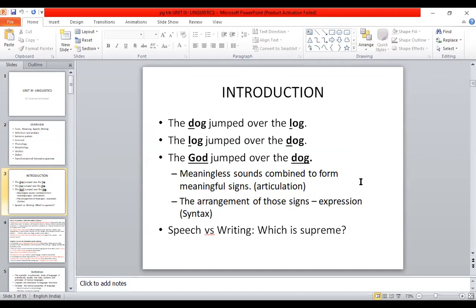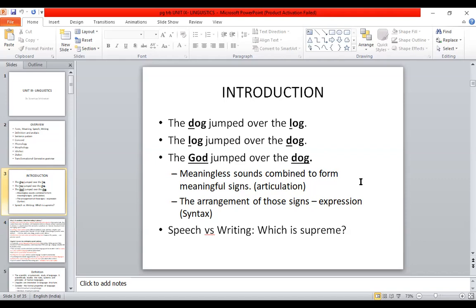Now, this word has been given some meaning by us, the people who communicate in that language. What I'm trying to tell you now is not restricted only to English. This is with reference to all languages. All languages have the same issue.